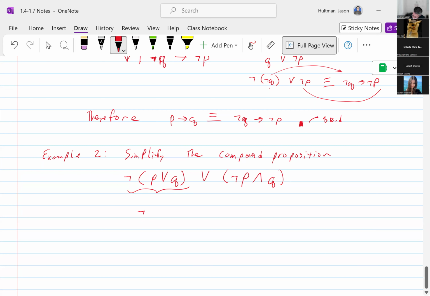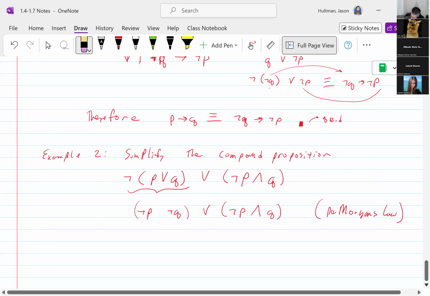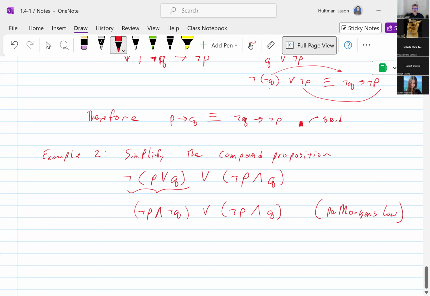So that's going to be not P and not Q, or not P and Q. So we used De Morgan's on that one. Sorry, I wrote that wrong. That should be that way. Okay. So now what do we have?